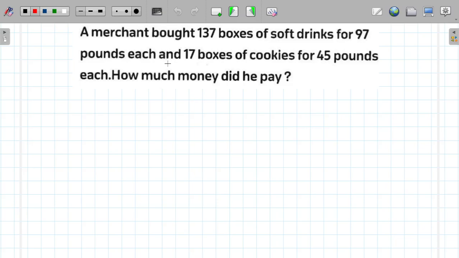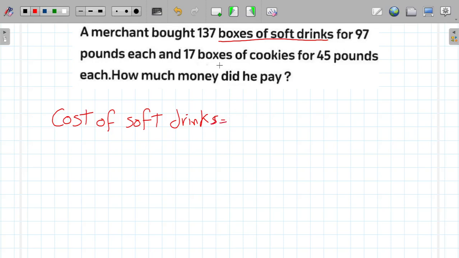Okay, so I would say first I want the cost of the boxes of soft drinks. It's like juice and anything else.